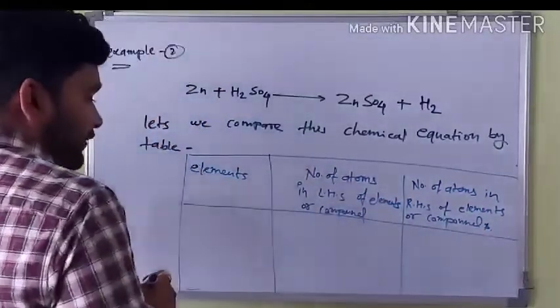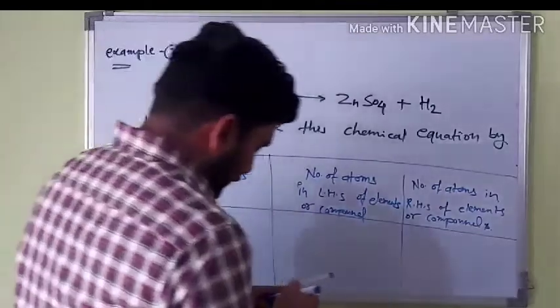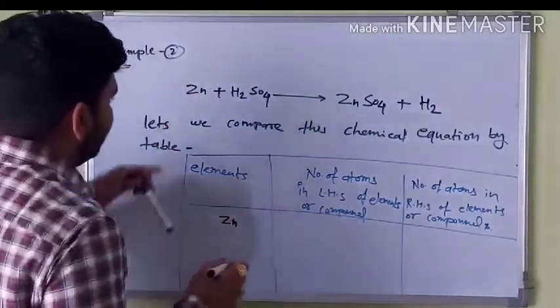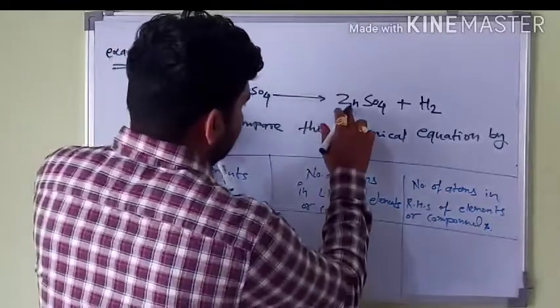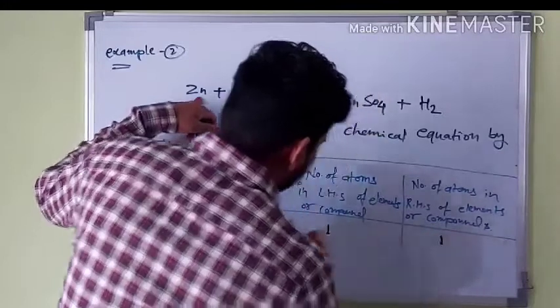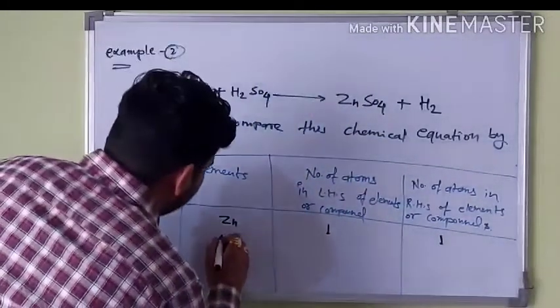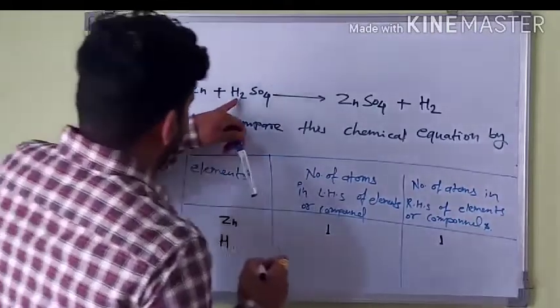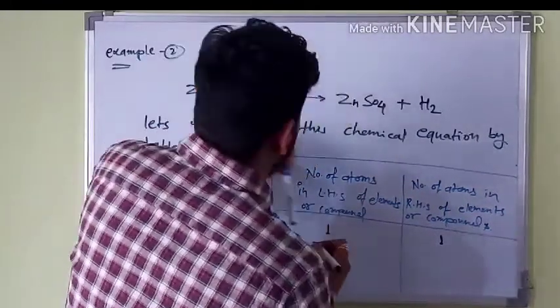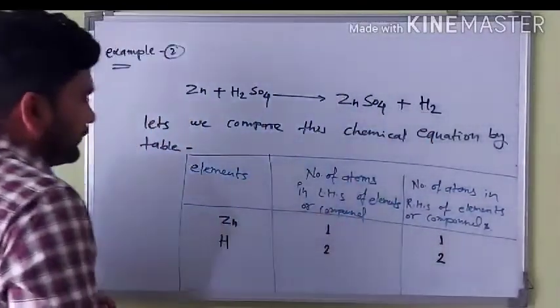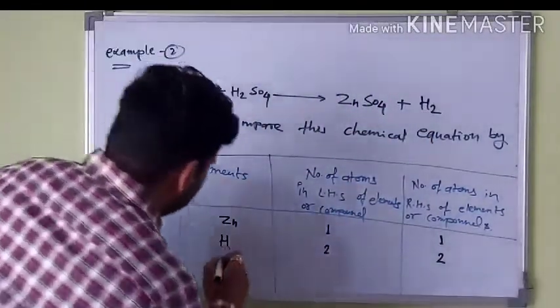Here the element name is, let's write our elements, zinc. Compare zinc: one zinc is here, one zinc is here, that means 1 and 1. The second element is hydrogen. Here are 2 hydrogen, and here are 2 hydrogen, that means it is also balanced. Next is sulfur.